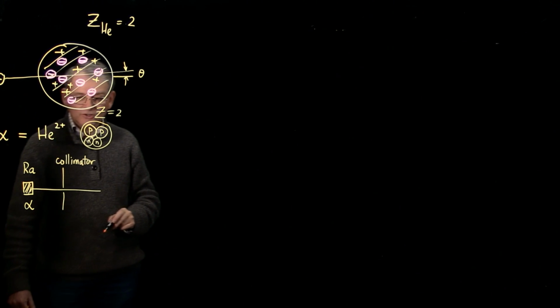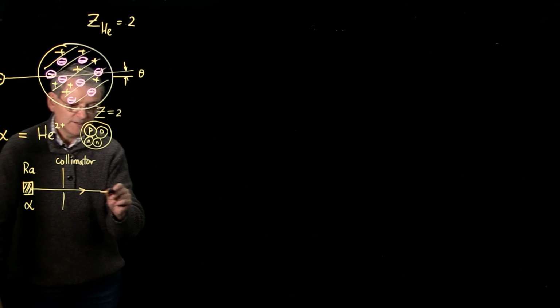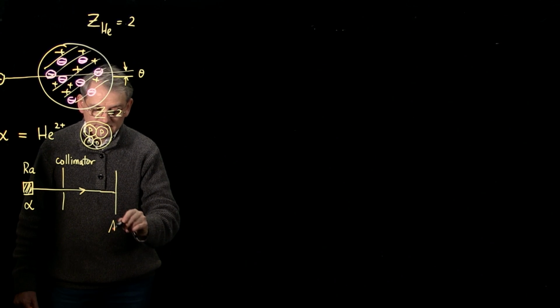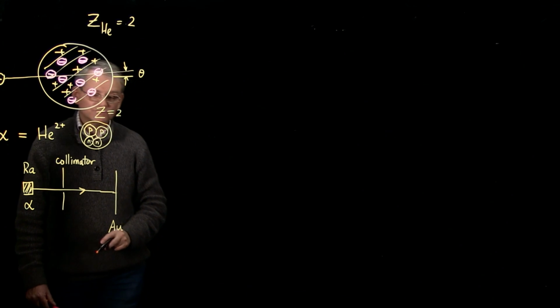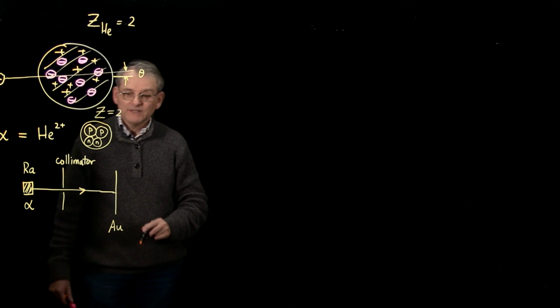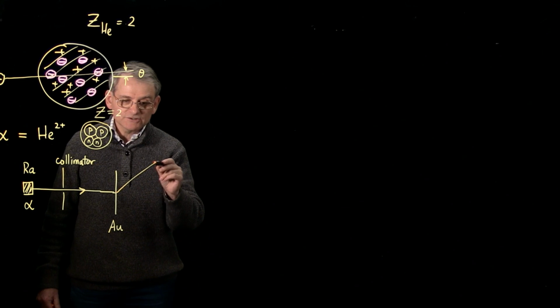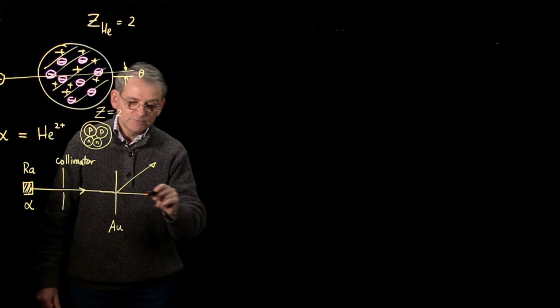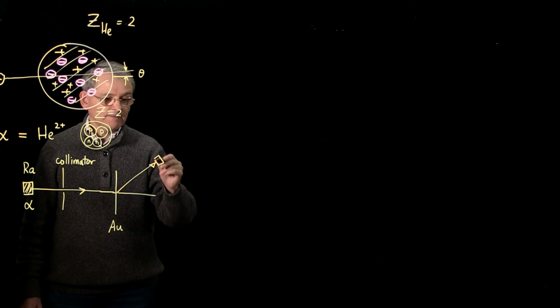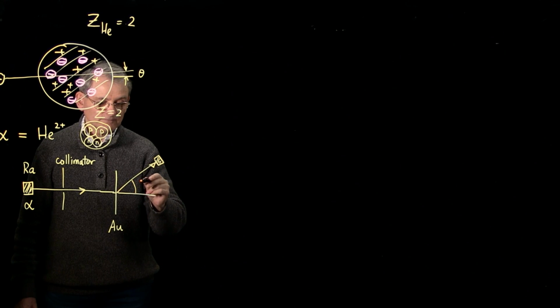For example, a lead collimator. And he let this beam fall on a target material. The target material that was used was gold, and we'll see why gold is a good target material. And then he simply measured the number of alpha particles that were detected at some angle theta.